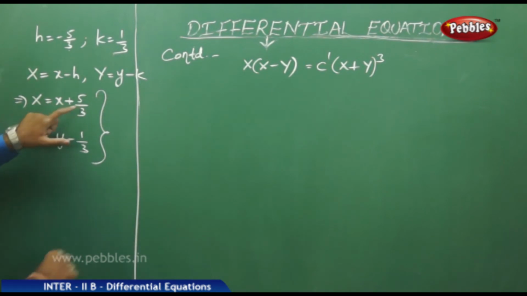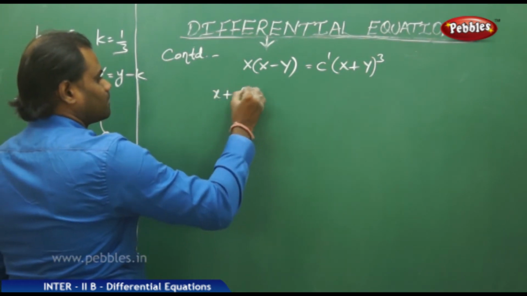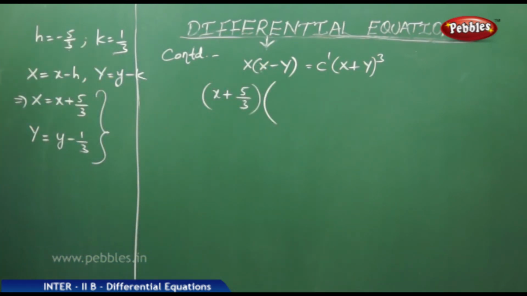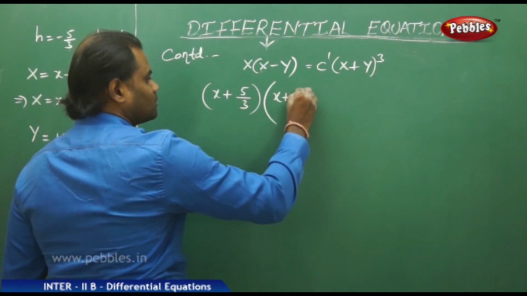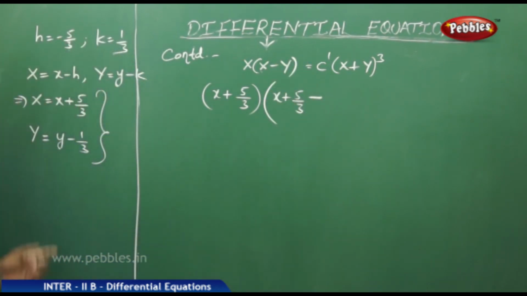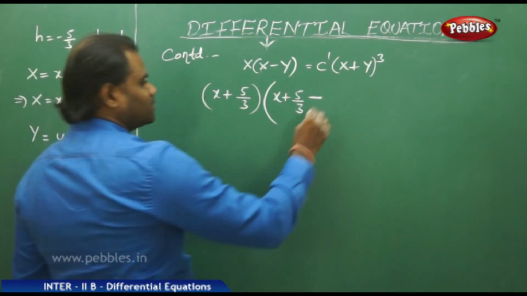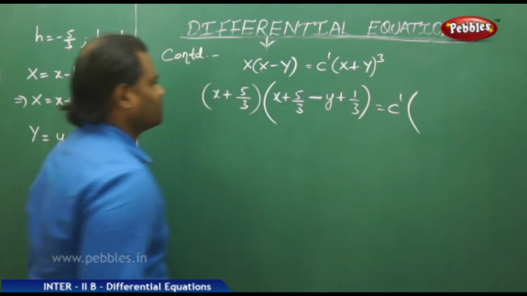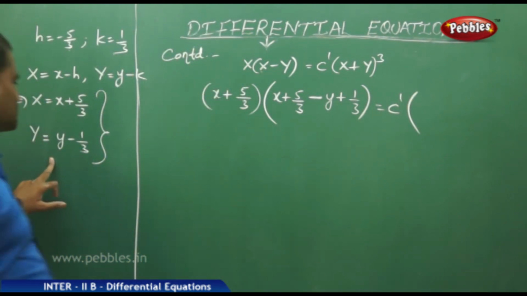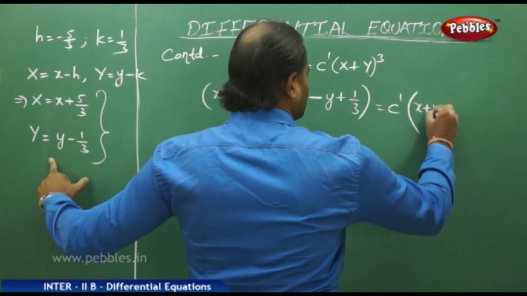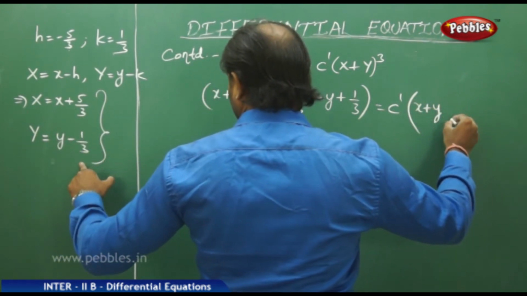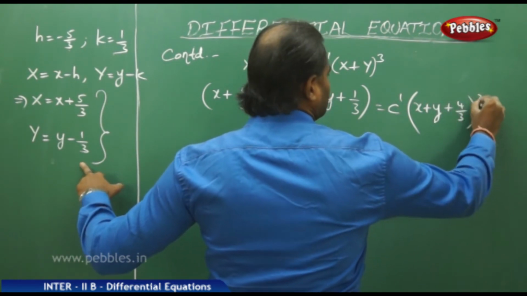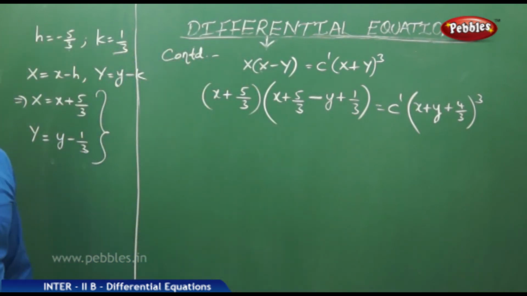Therefore, x plus 5 by 3 minus capital Y, which is y minus 1 by 3, is minus y plus 1 by 3, is c dash times of (x plus y), that is this plus this, x plus y plus 5 by 3 minus 1 by 3, which is 4 by 3 whole cube, is what we get.